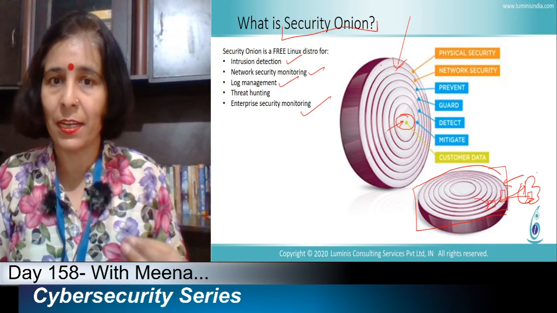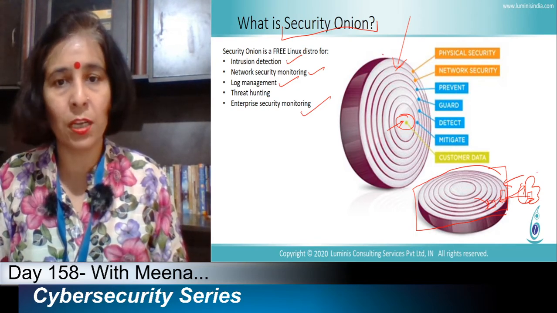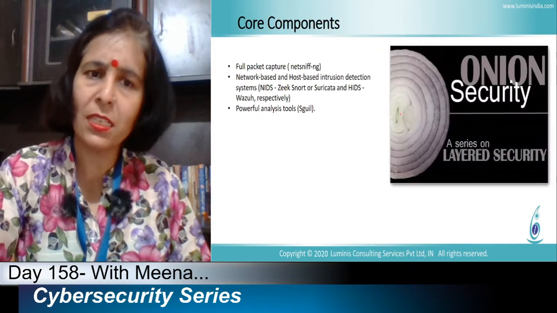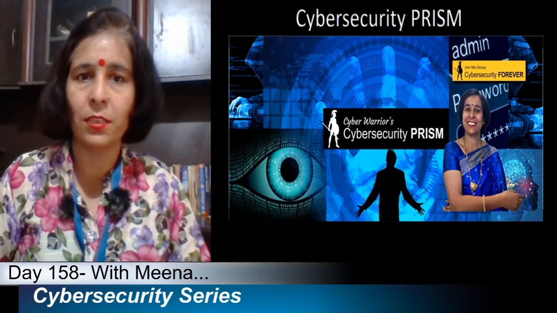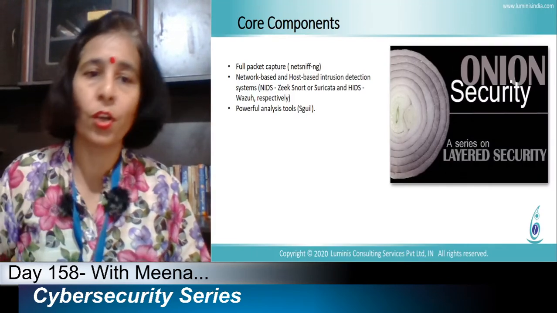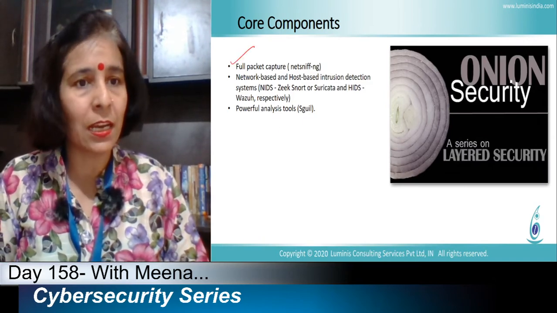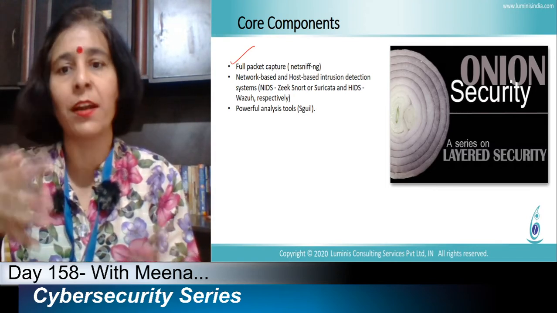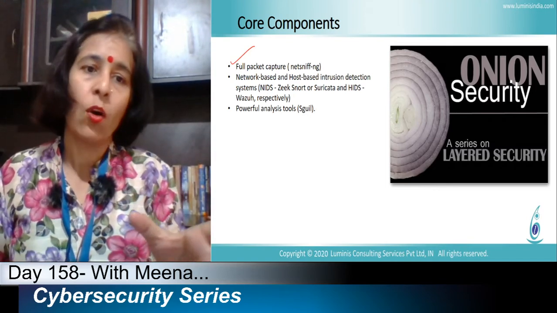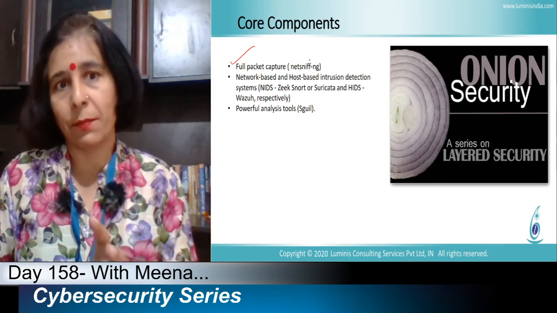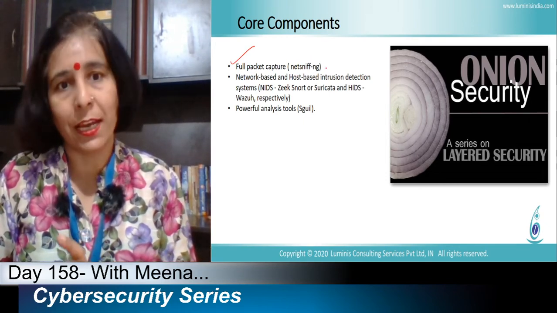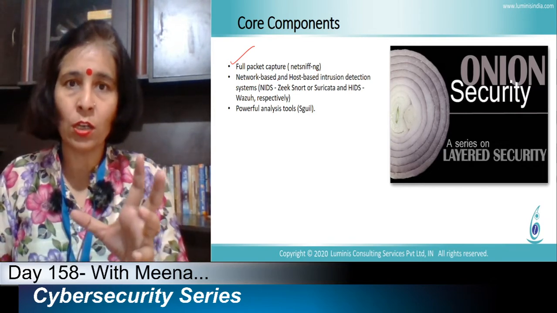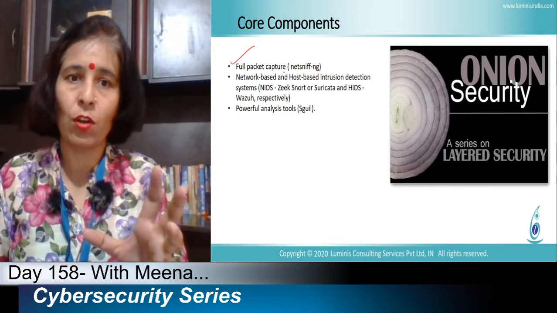So we can provide security at the network level, and at the host layer as well. Let's see the core components of Security Onion. To observe the traffic passing through or moving out of our network, we can do full packet capture with netsniff-ng.